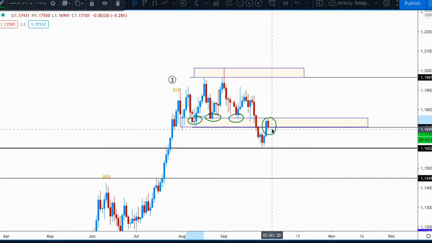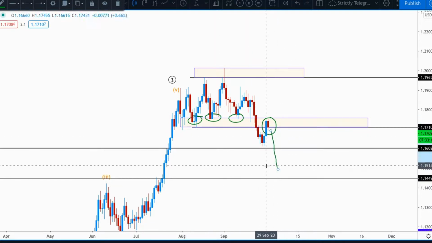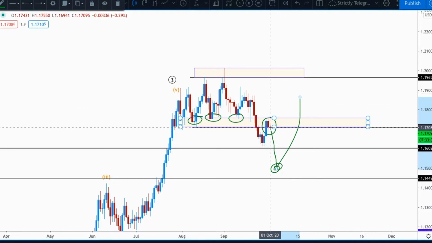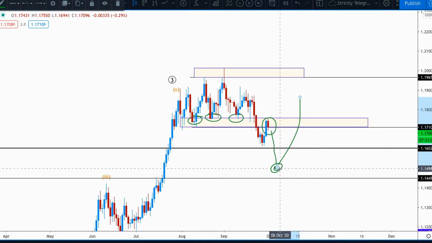So what can we expect out of the market? We were saying initially from the weekly time frame that we're likely to see price coming into these areas here before we get the further push to the upside. So can we anticipate any form of movement out of the market to the downside from this perspective?